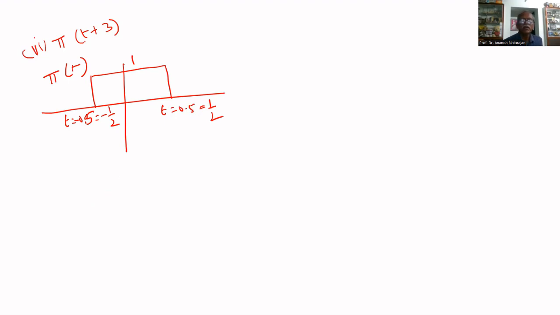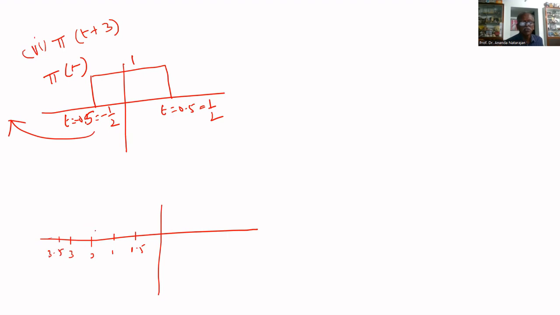So here t plus 3. Plus 3 means advanced, so it should move to the left. Instead of starting at 0.5, it should start at 3.5.